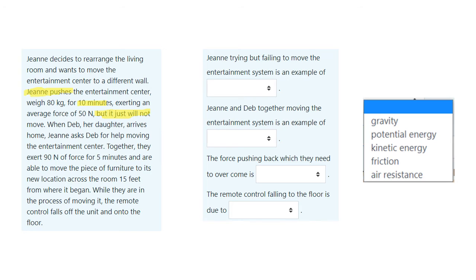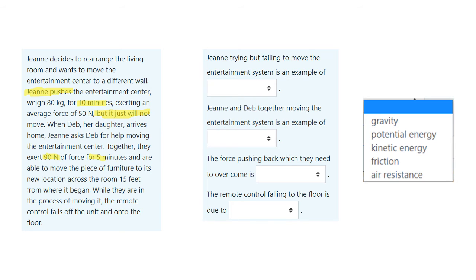When Deb, her daughter, arrives home, Jean asks Deb for help moving the entertainment center. Now they use a force of 90 newtons for 5 minutes, and they are able to move the piece of furniture to the new location, which is across the room 15 feet from where it began. While they are in the process of moving it, the remote control falls off the unit and onto the floor.